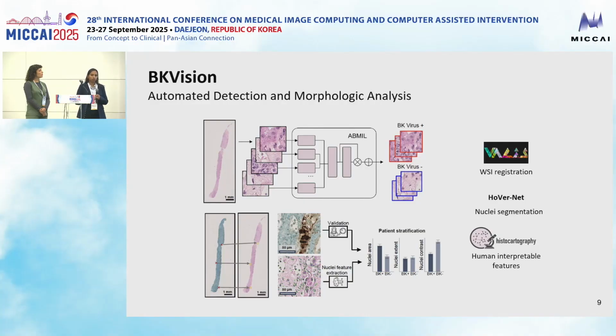We utilize several widely available open source models for this, including VALIS for whole slide image registration, HoVer-Net for nuclei segmentation, and HistoCartography for generating the human interpretable features.